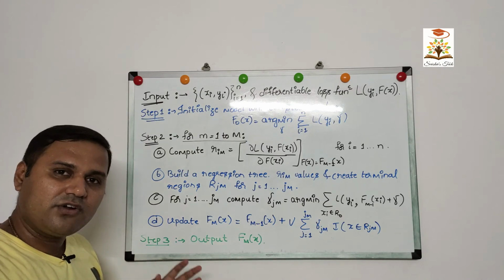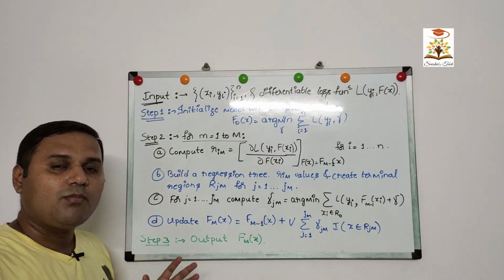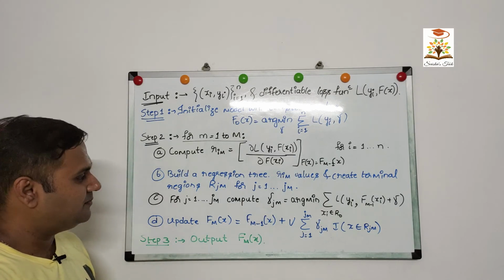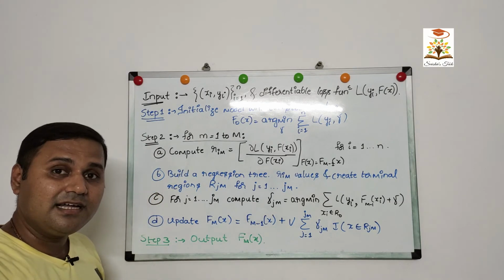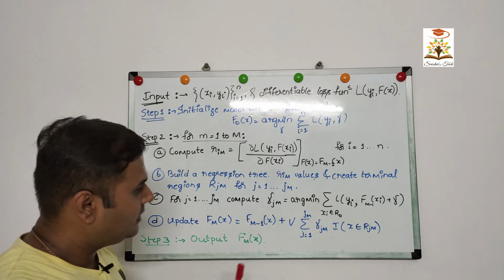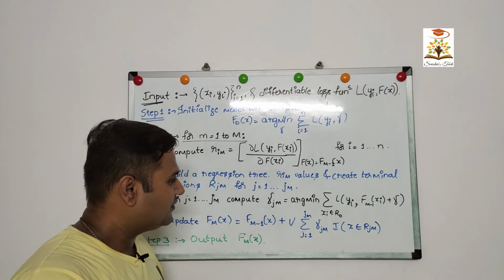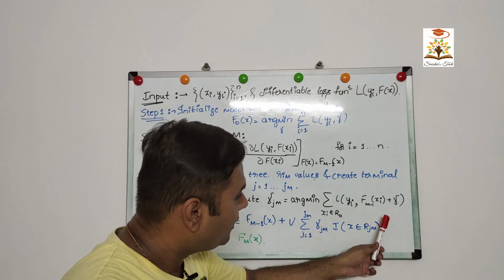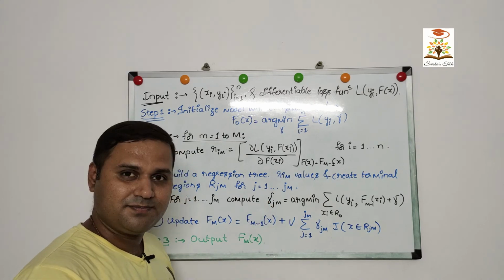Once we predict on our input features, we update our model with two components. The first component is the predictions of our previous trees, plus some value of learning rate times our new predictions of the models.